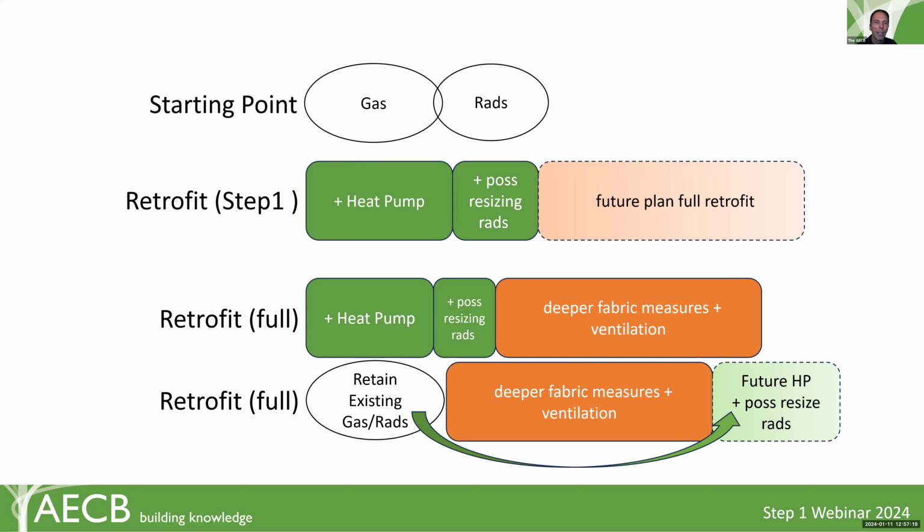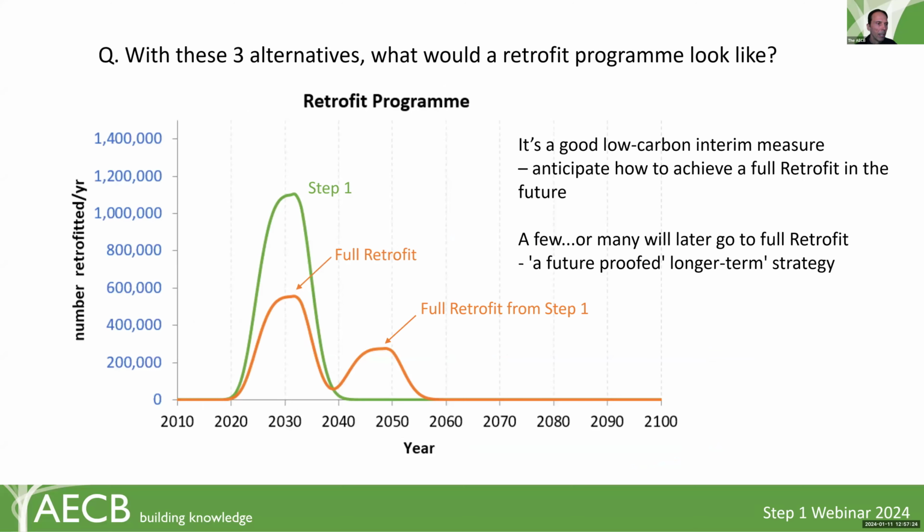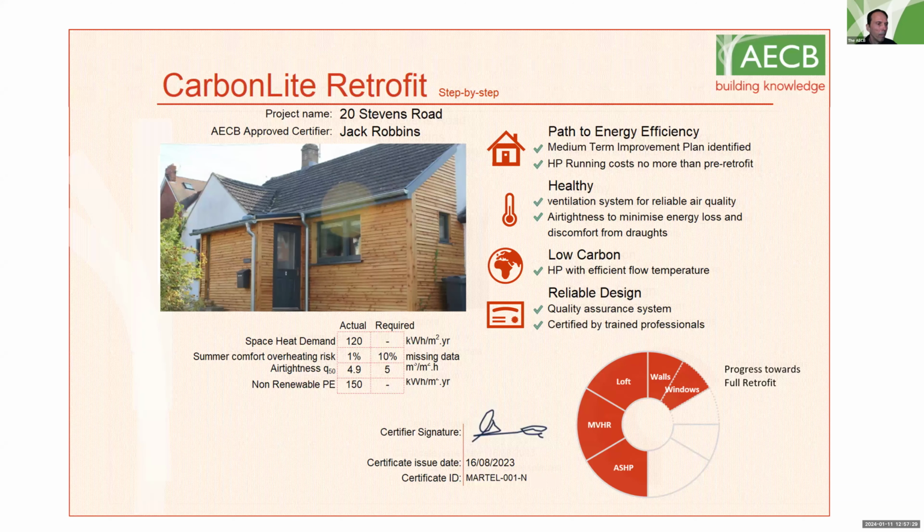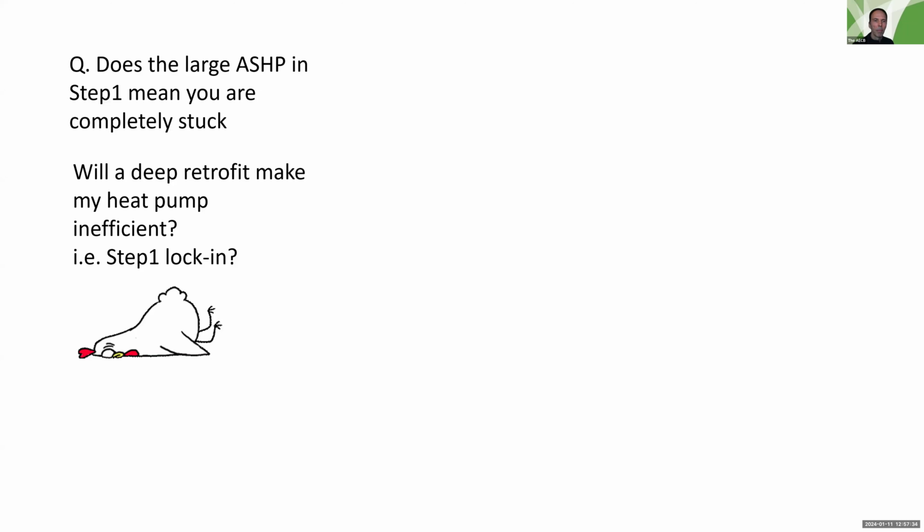We thought that might mean you were locked into having a larger heat pump, and you couldn't actually replace it until you'd done the retrofit, which would make it difficult to do the full retrofit. So does it make you completely stuck, for example, using an inefficient heat pump?